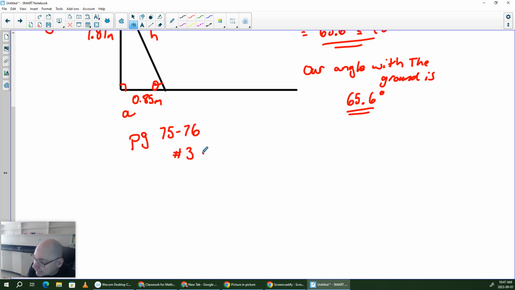Just do the A and C part. Number 5, we'll skip 4 for now. For 5, you can do A and C again. Indicate the measure of each angle to the nearest degree. And then you can do 8.